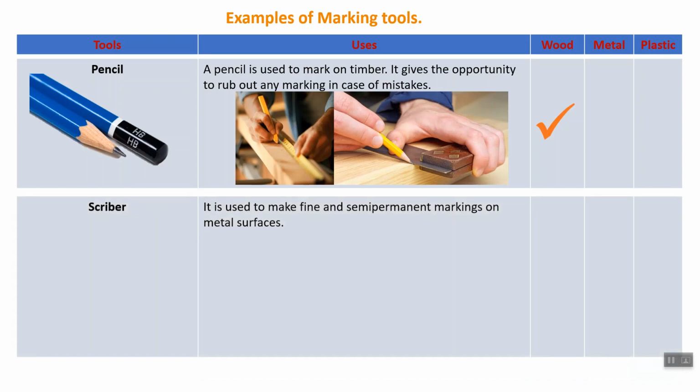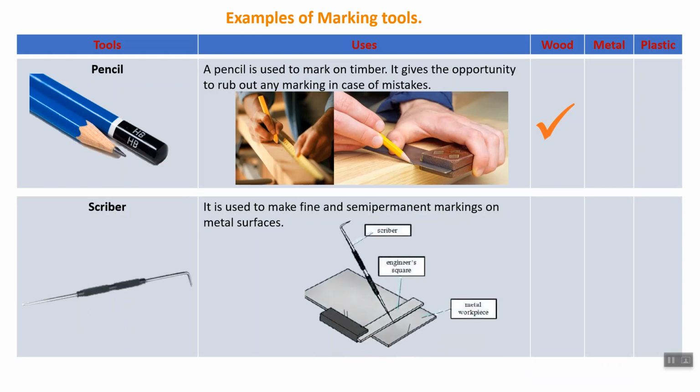Then on metals, we can use a scriber. It is used to make fine and semi-permanent markings on metal surfaces. So we scratch the metals with a scriber. This is a scriber. It has a very sharp tip here and here also, which is used to scratch and to mark out metals.